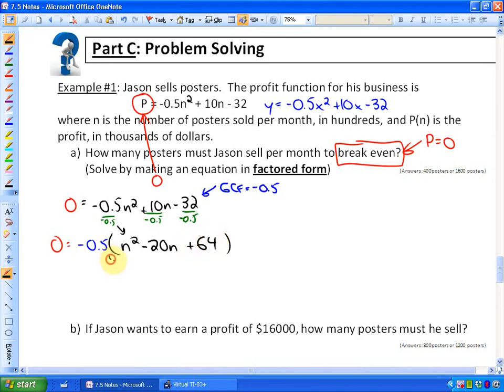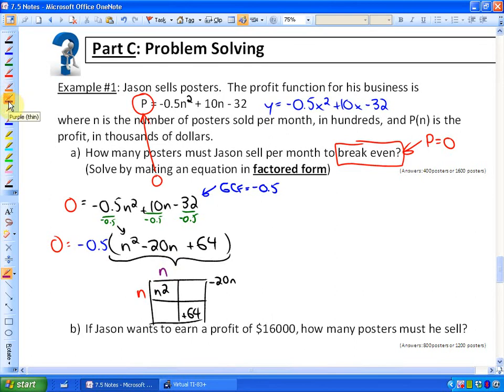So in this case now, we can factor this trinomial, probably using the box or area method. We've got n squared, we've got minus 20n, and we've got plus 64. So your remaining factors will be, in purple here, n, and in red n.